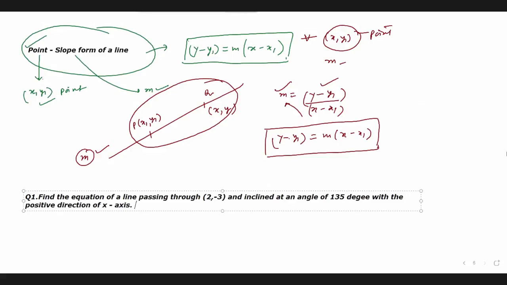So as you are able to see, they have given us a point that the line is passing through, (2, -3), and making an angle of 135 degrees.